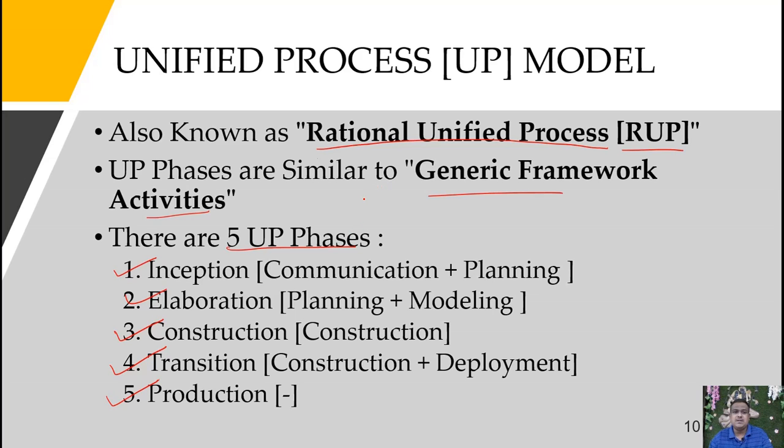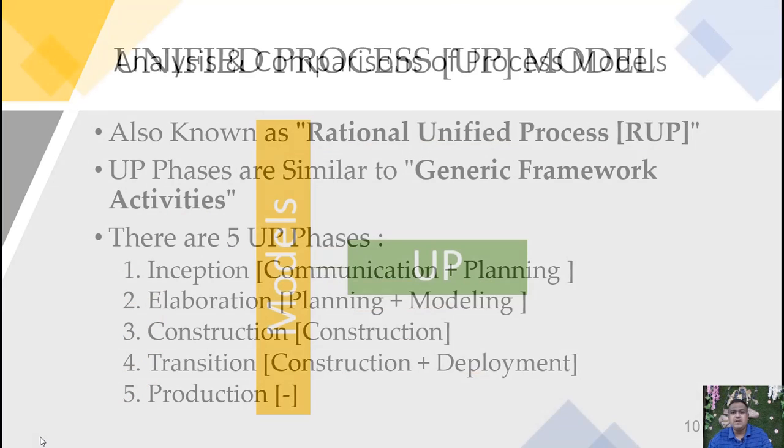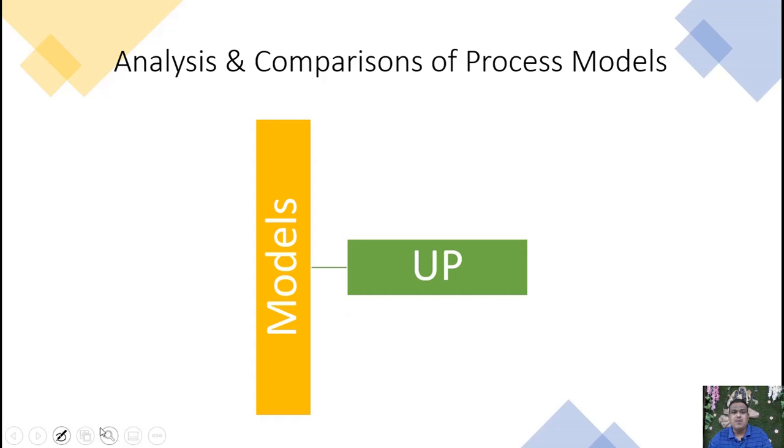Inception has two phases, communication and planning. Elaboration is planning plus modeling, construction is the construction phase, and transition is a combination of construction plus deployment. The production phase stands individually. So that is the UP model.